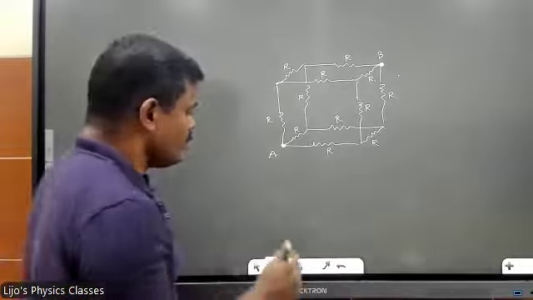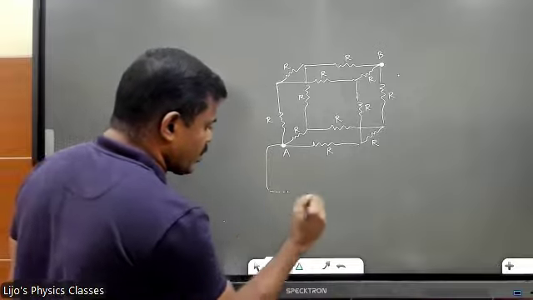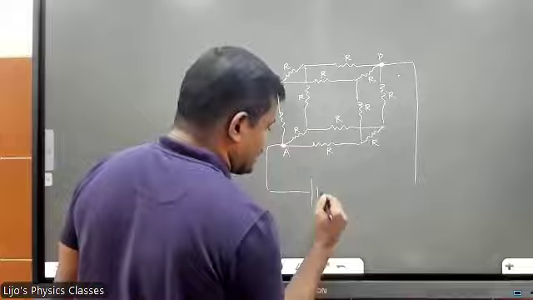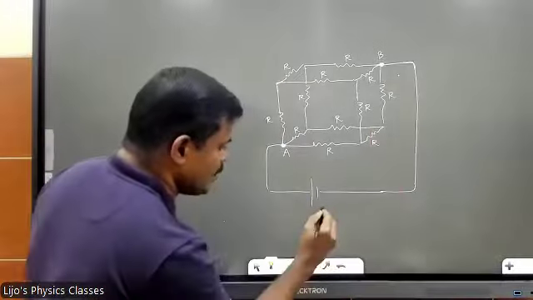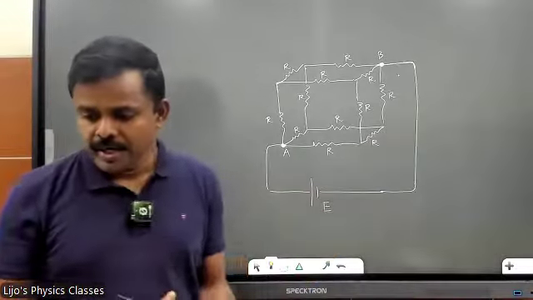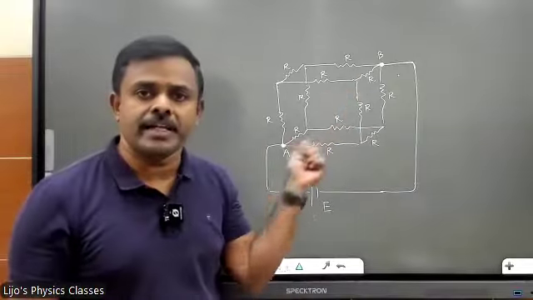Now I'll connect a cell across the diagonal, and the EMF of the cell I can call E, across which I need to find the effective resistance.